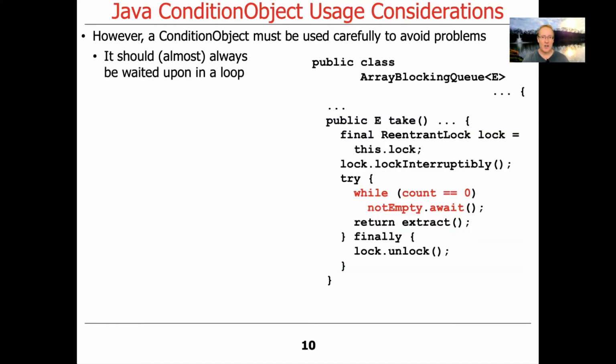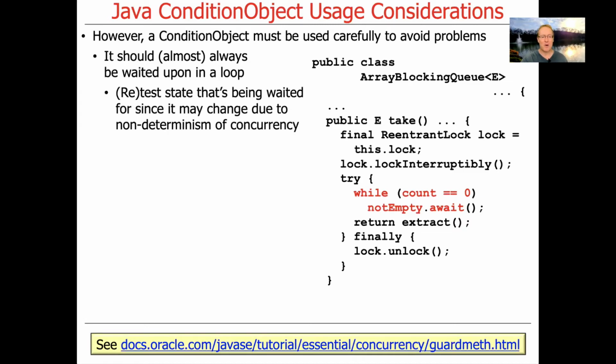So here's one thing that you almost always want to follow. There's rare occasions where this doesn't apply, but it's almost always the case that you want to wait on a condition object in a loop, just like we saw when we were implementing our array blocking queue. So for both take and put, they're going to be loops, and they're going to make sure that the conditions are satisfied before you can proceed, right? That's the guarded suspension pattern, as we talked about before.